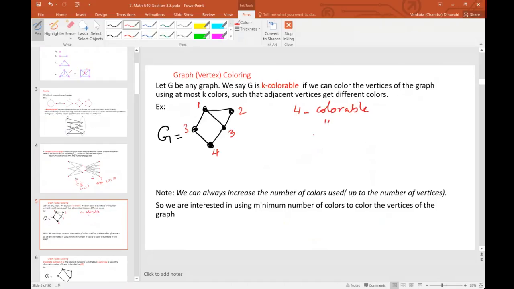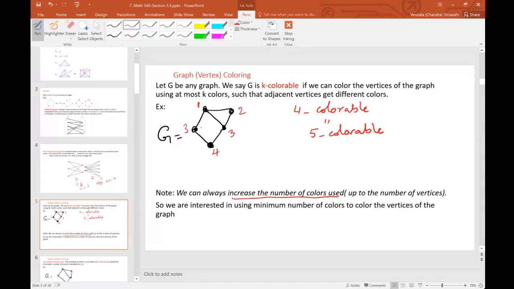Of course, I can also call this 5-colorable, because the definition of k-colorable is as long as I use at most k colors. So I can call this 10-colorable, because as long as I use a total of colors less than or equal to 10, I am good. Frankly, I can color each and every vertex with a different color, so I can increase the number of colors all the time.